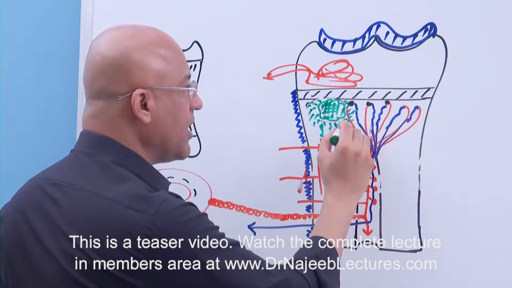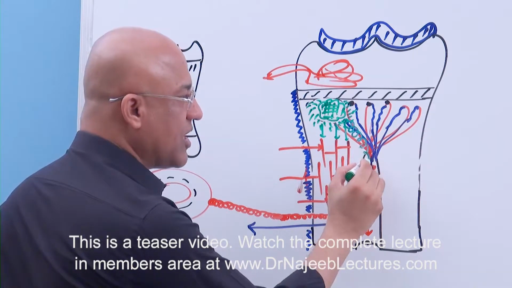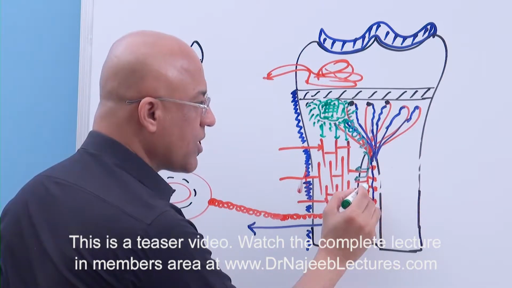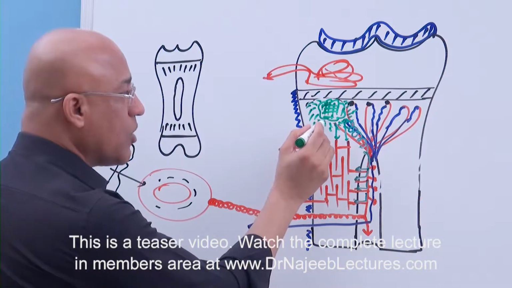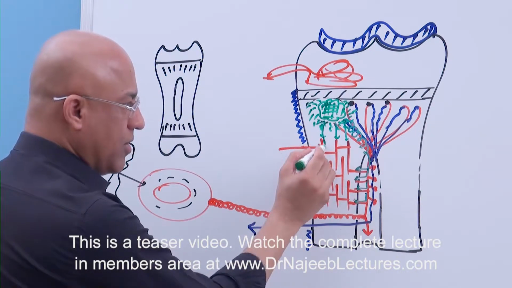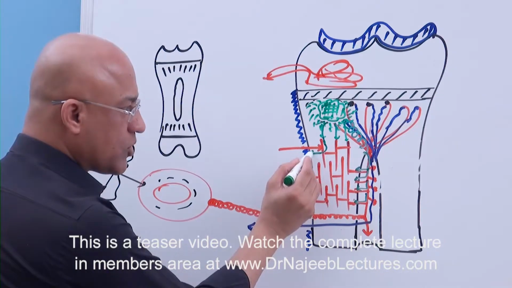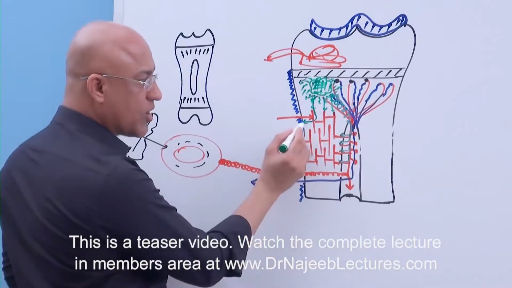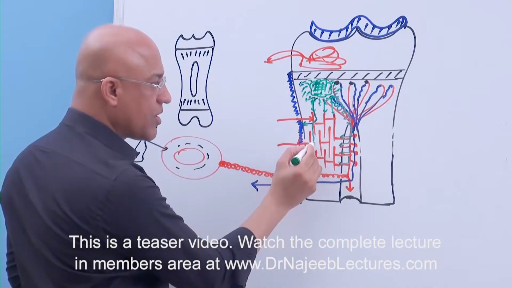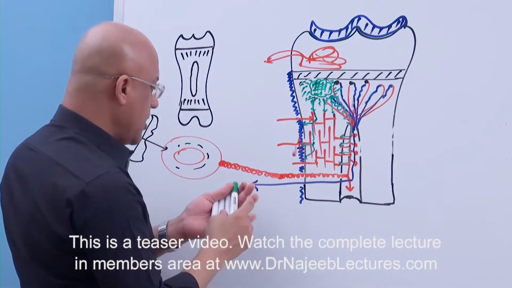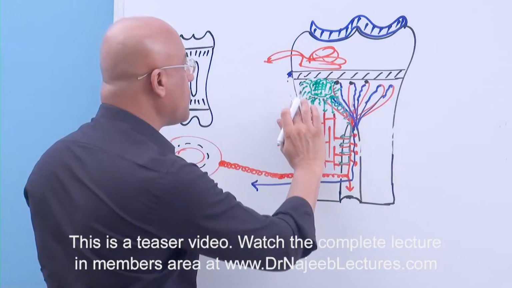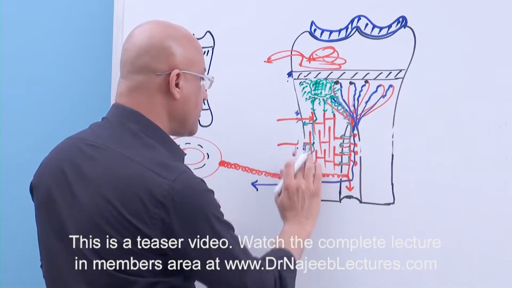And this pus will even go in this direction and enter through the Volkmann system, and even go outward. Through which pathway? Volkmann canals, and go where? Periosteum. And eventually a subperiosteal abscess will form. What will form?